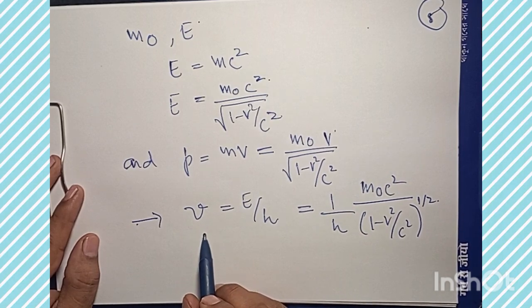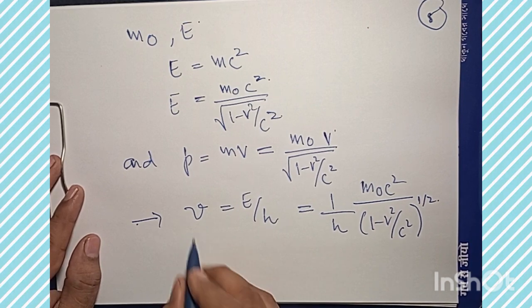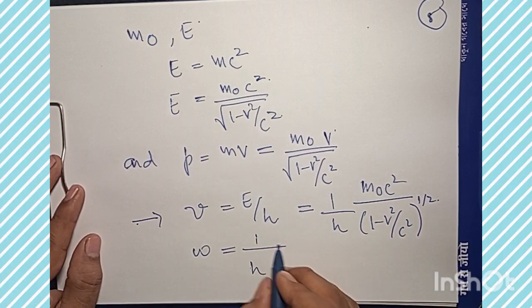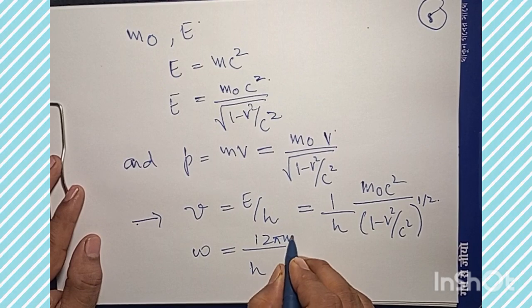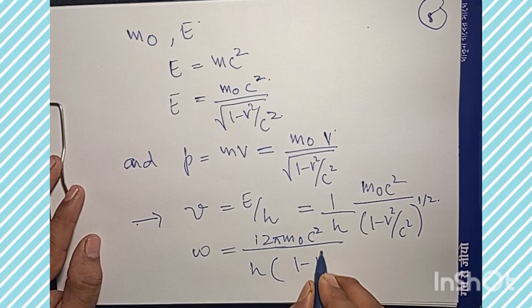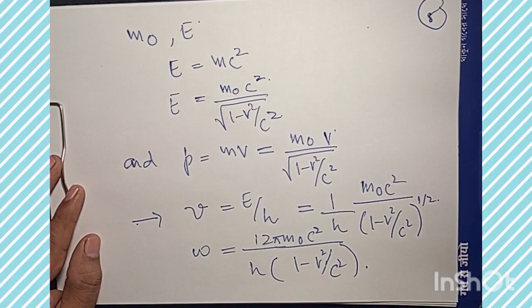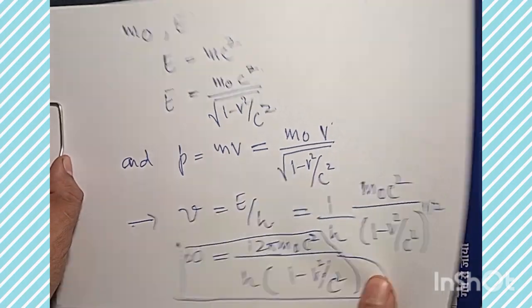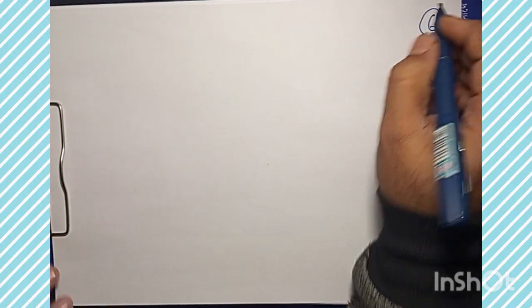Now if I want to convert this frequency into angular frequency, all I have to do is multiply it by 2 pi. So this nu will become omega, and here I will have 1 by h, then 2 pi m naught c square by 1 minus v square by c square. This should be the case. Now, if I differentiate this equation, I want to calculate its d omega. So what will be the d omega in this case?